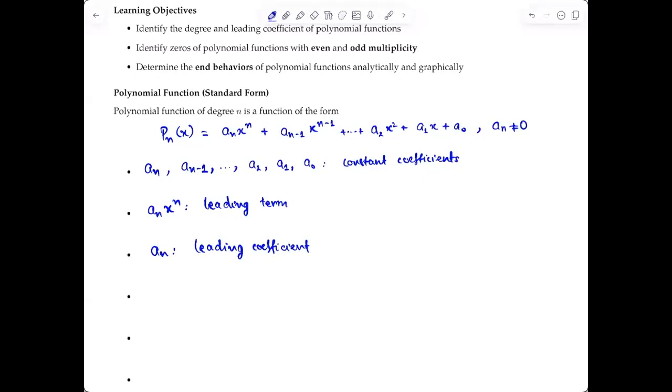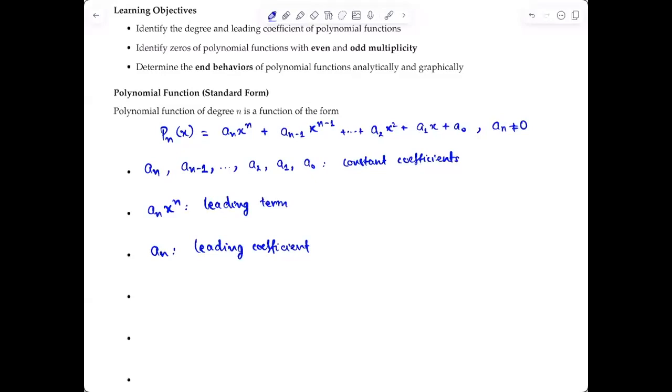I give you this terminology in order for you to recognize these terms when you work with an example or problem. You should be able to identify the leading term and the leading coefficient, which is going to help you identify the end behavior of the functions. So be aware of this.